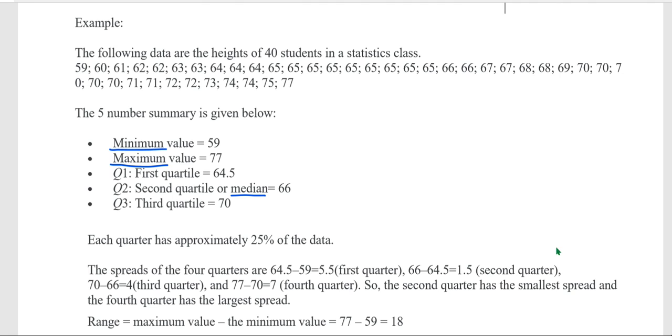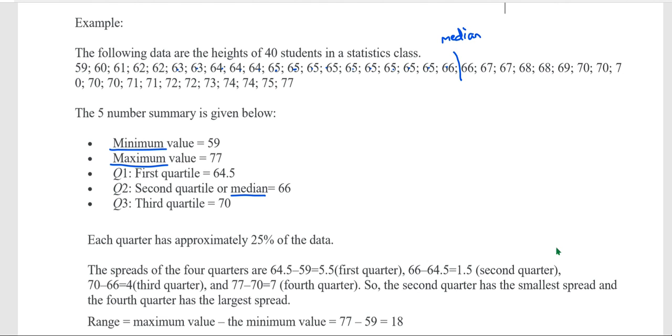If there's 40 numbers, half of 40 is 20, so the middle number is going to be between the 20th and the 21st. If I count 1, 2, 3, up to 20, and I draw a line here, that's dividing the data set into two halves. The middle of here is called the median.